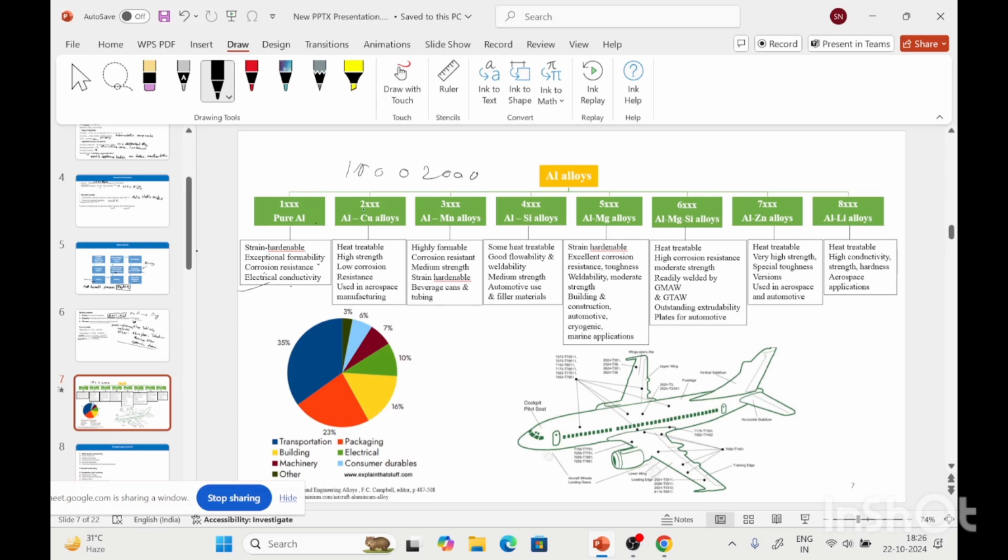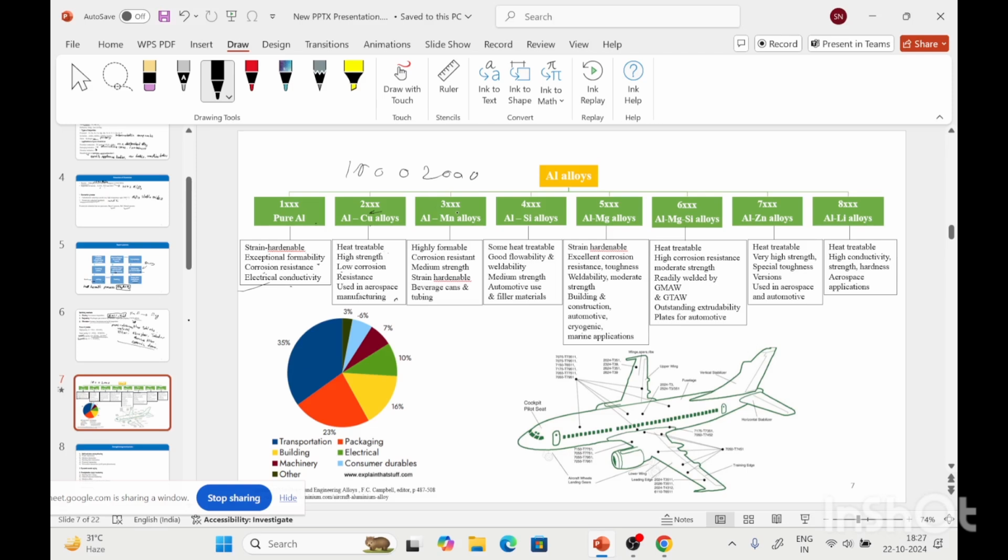Second, the 2000 series alloy, in which the major alloying element is copper. It is heat treatable, meaning the strength can be increased via suitable heat treatment. It has high strength, low corrosion resistance, and is generally used in aerospace manufacturing.